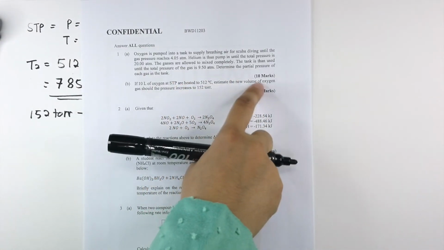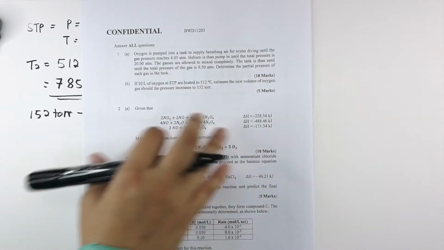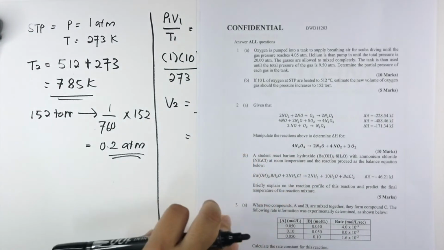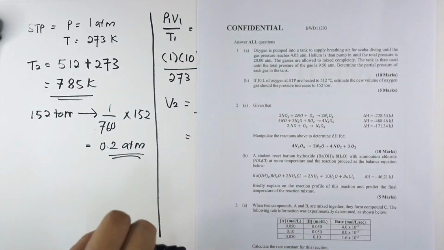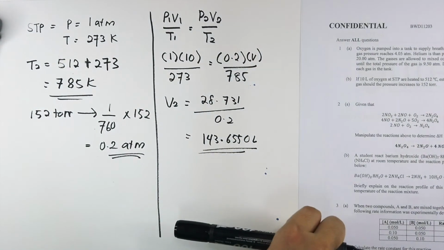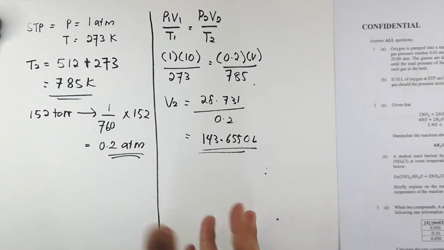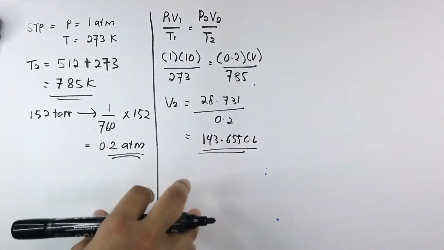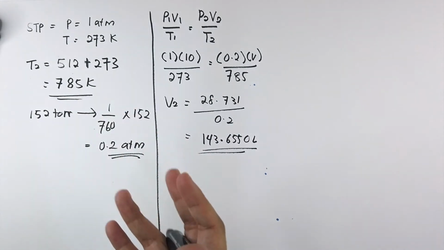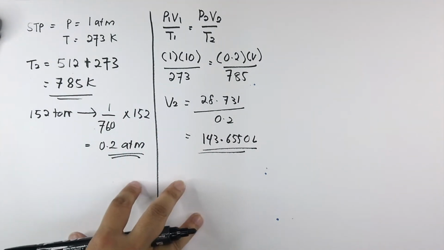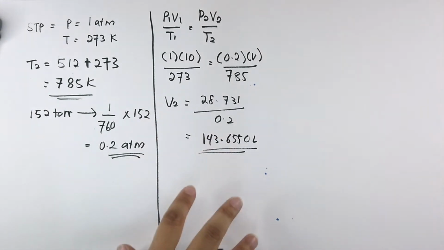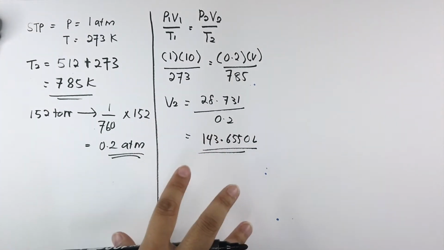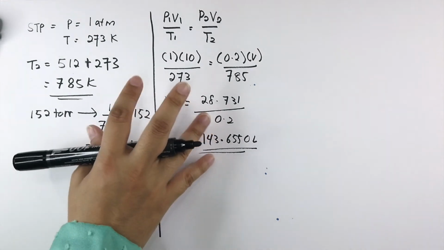Then again you need to read: estimate the new volume. You have already estimated it, but look at the marks, it's 5 marks, so you need to have some elaboration. You need to make a statement saying that when the gas is heated, the kinetic energy of the gas increases, hence making the pressure of the gas increase as well.